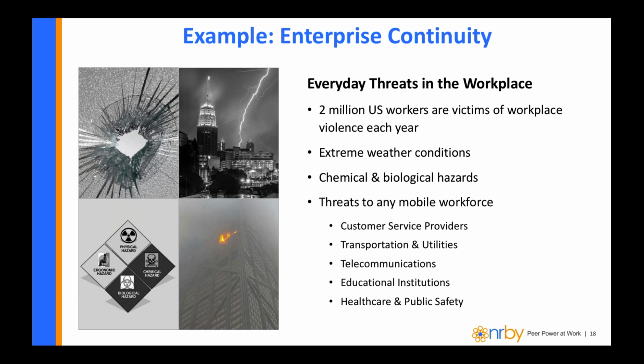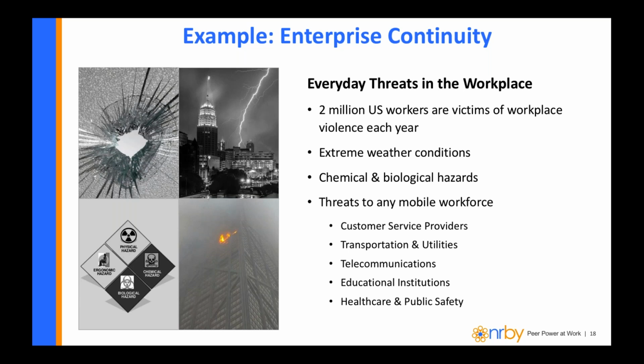Any kind of mobile workforce can be put in harm's way, whether they're customer service providers, maybe they interact with the public, exchange money, and they're at risk from some criminal act. Transportation, utilities, and telecommunications deal with outside conditions, extreme weather, high voltage situations, and so forth.